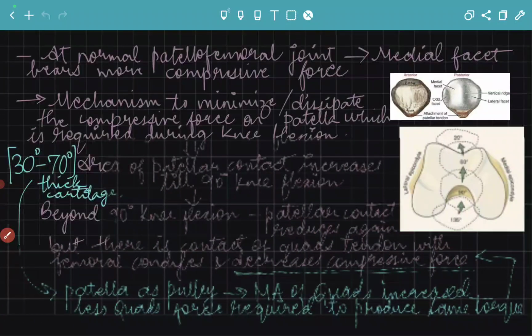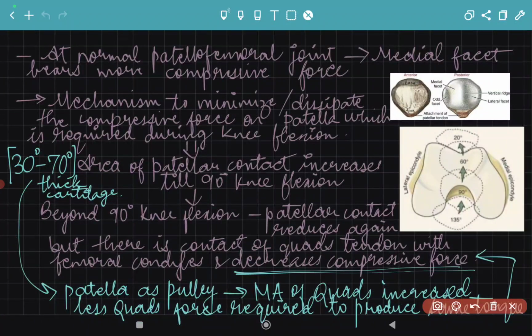One more thing to consider is that, as we discussed, there is thick cartilage at the medial facet posteriorly, which can be seen. In the articulation of the patellofemoral joint, there is thick cartilage over here in this diagram. So if this cartilage is absent, or if this cartilage has been eroded, has been destroyed, we can think of a condition named chondromalacia patella. Chondro means cartilage.